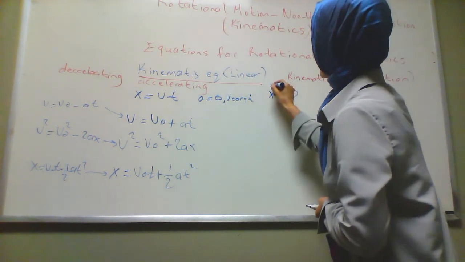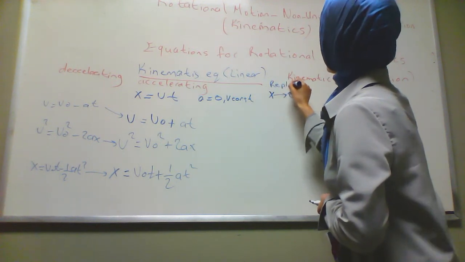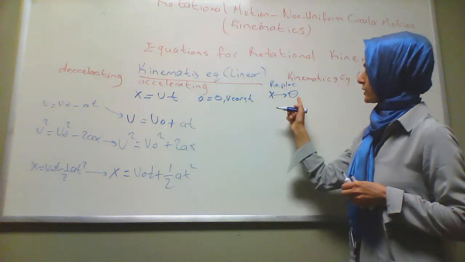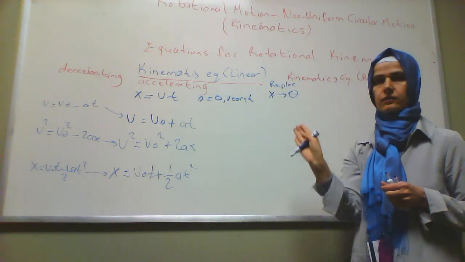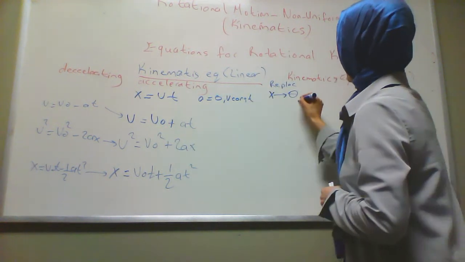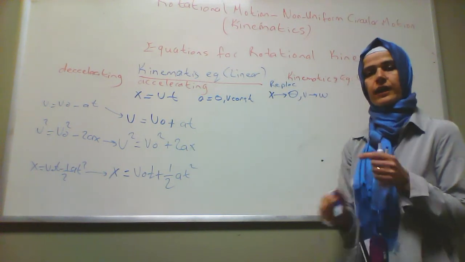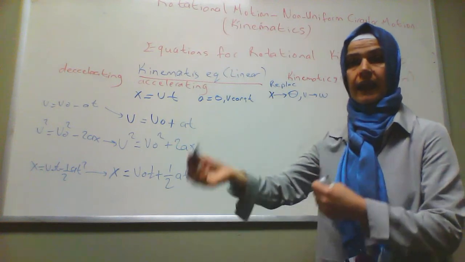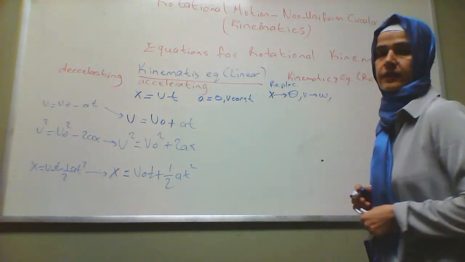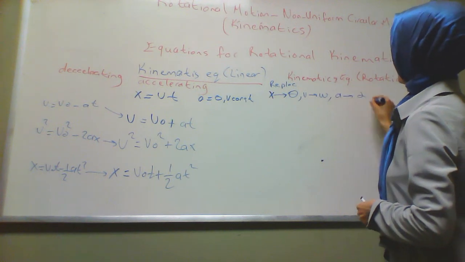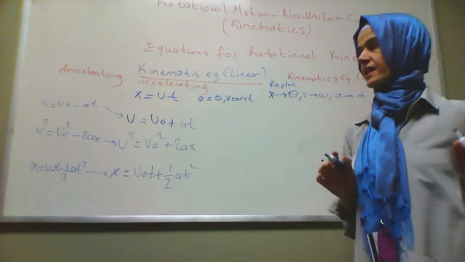Okay, replace. Because instead of displacement along a line, we have displacement along an angle, right? Spanned angle. We will be replacing velocity by omega. Instead of a linear velocity, now we have a circular velocity, what we call angular velocity. And we will be replacing acceleration A by alpha. Everything else will be the same.